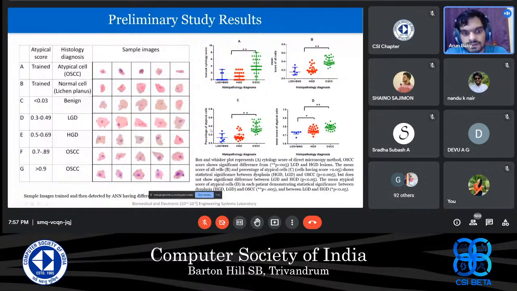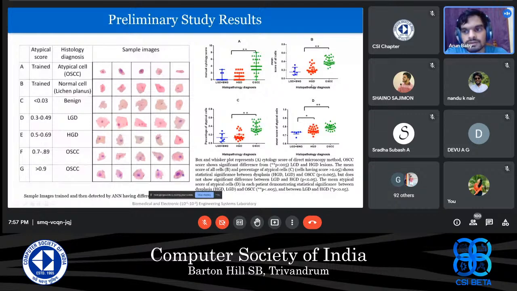After that, we took the statistics, the aggregates like the mean score of these cells for each patient, and tried to see if we could make several thresholds to classify the patients into low grade, high grade, and cancerous patients.